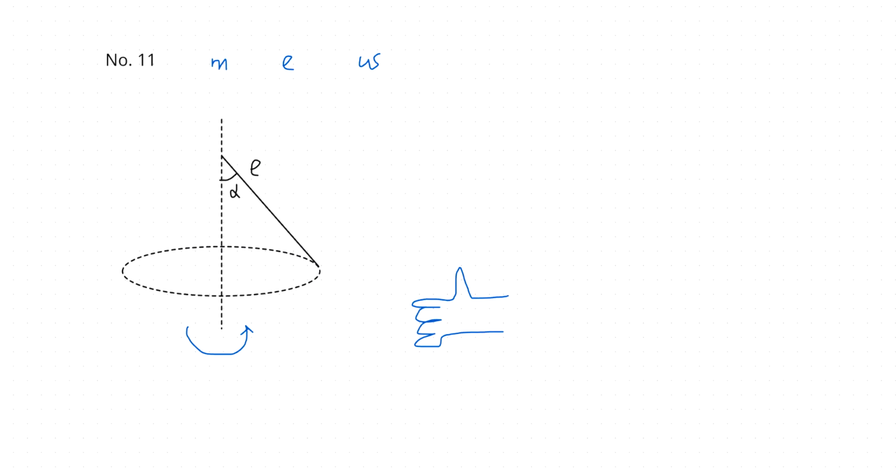So according to the right-hand rule, we will get the direction of omega. And point O is here.